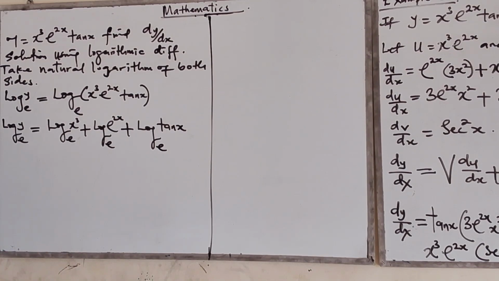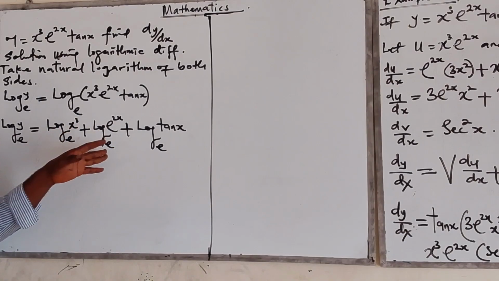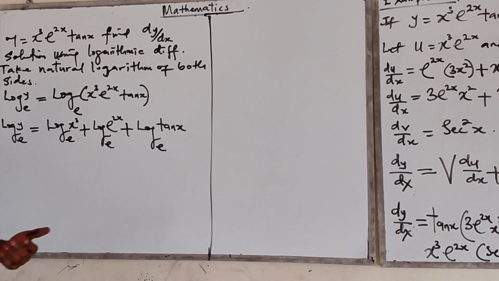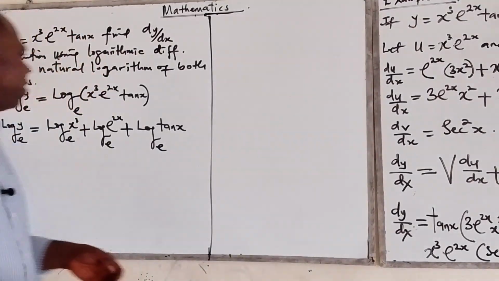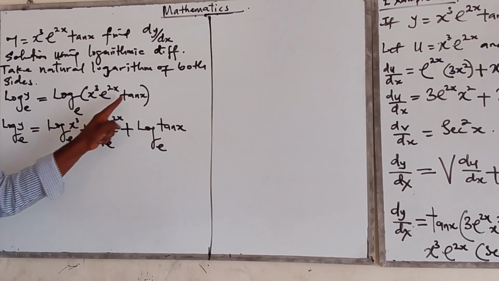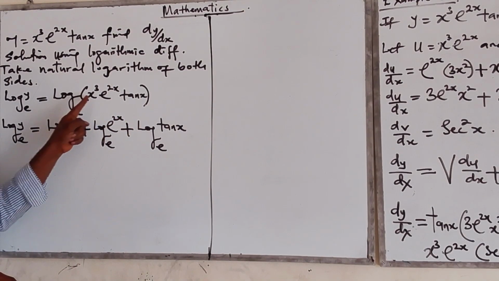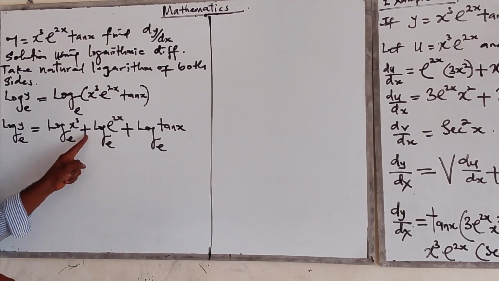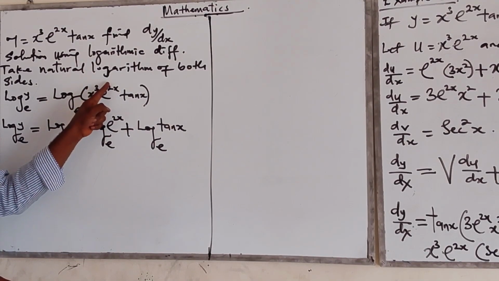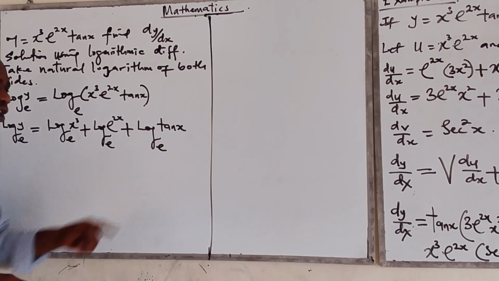What we actually did here is use the law of logarithm: when you have multiplication, you change it to addition, and when you have division, you change it to subtraction. So since we have x to the power 3 times e raised to the power of 2x times tan x, we change it to plus. So here we have log x raised to the power of 3 base e plus log e raised to the power of 2x base e plus log tan x base e.